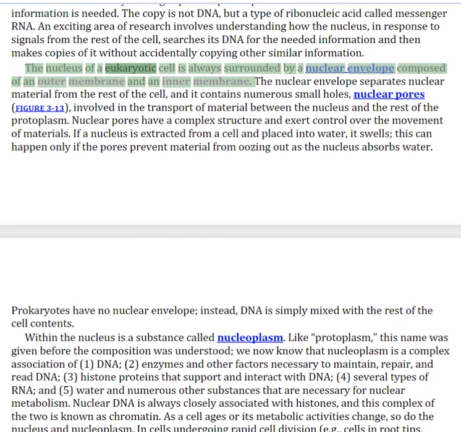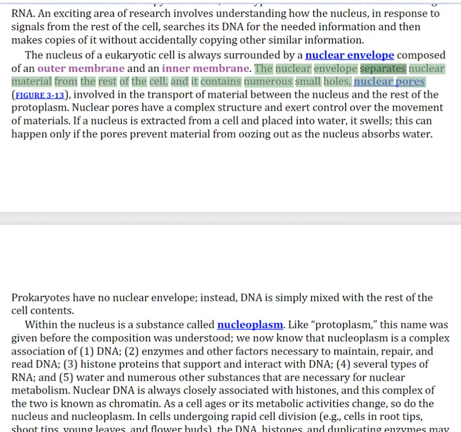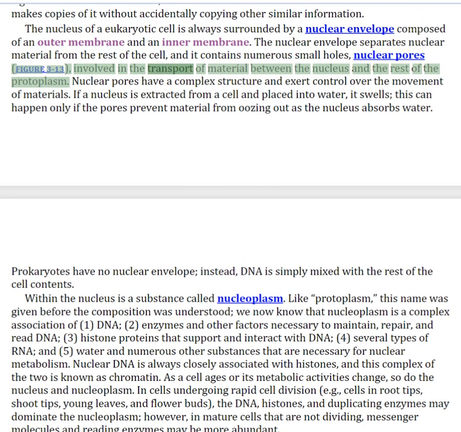The nucleus of a eukaryotic cell is always surrounded by a nuclear envelope composed of an outer membrane and an inner membrane. The nuclear envelope separates nuclear material from the rest of the cell, and it contains numerous small holes, nuclear pores, involved in the transport of material between the nucleus and the rest of the protoplasm.